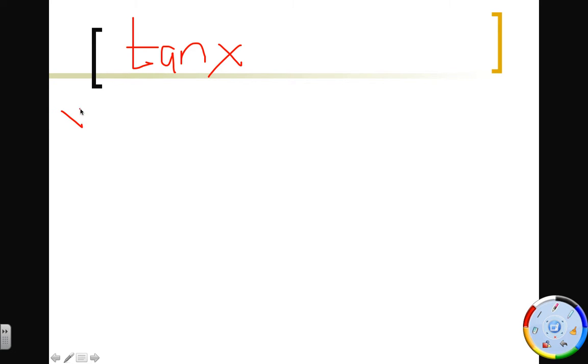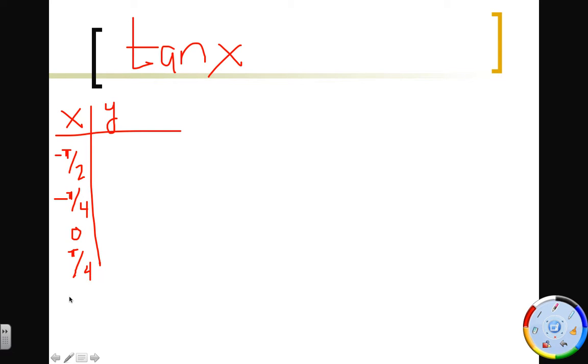If I was to look at a table, I want to go from negative pi halves, negative pi fourths. These are our 5 special numbers, just like we did for sine and cosine. We're going to go 0, pi fourths, and pi halves.